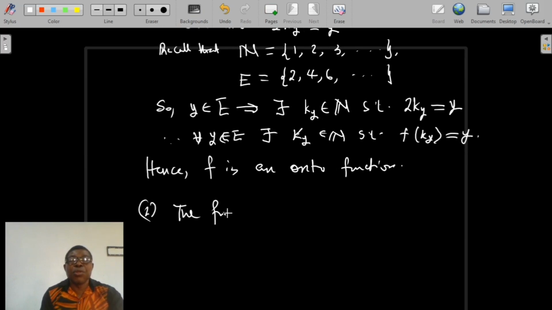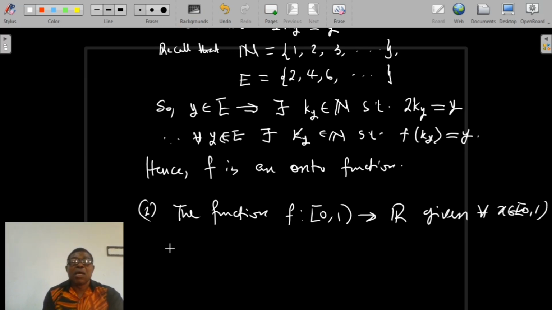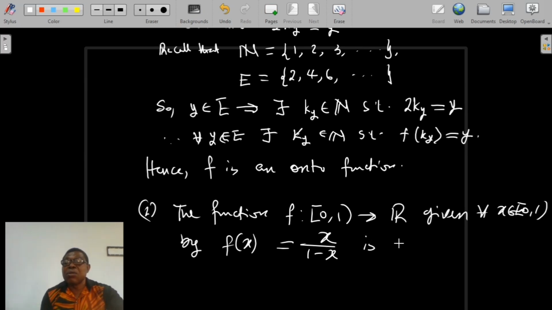The function f from (0, 1) to R given for all x in (0, 1) by f of x equals x over 1 minus x is also an onto function. It's onto. So how do we check this?